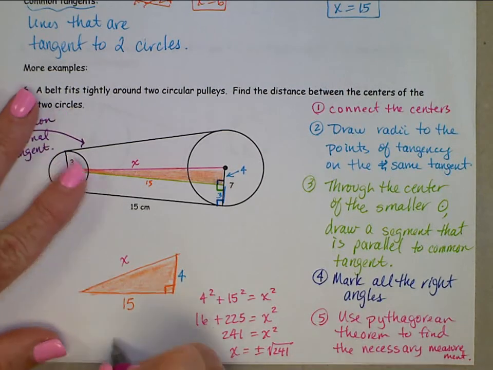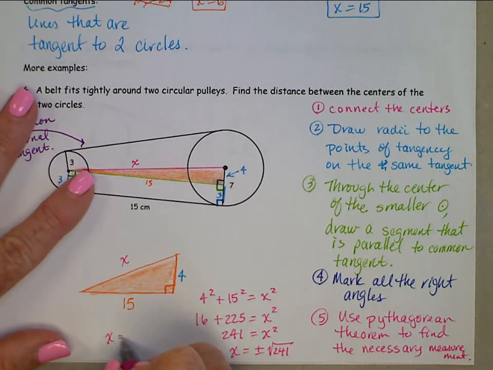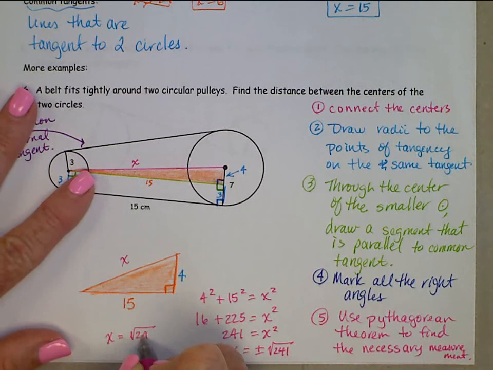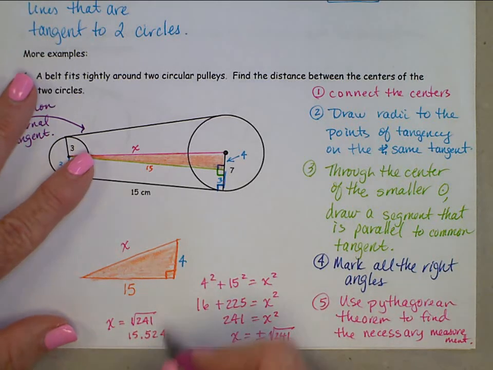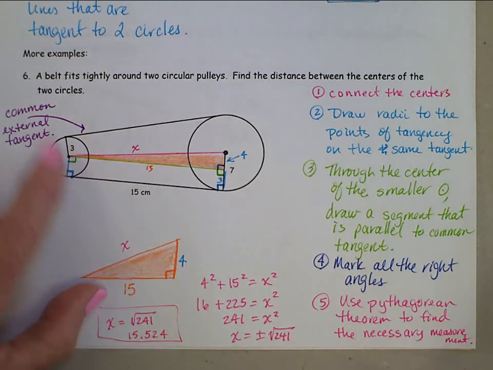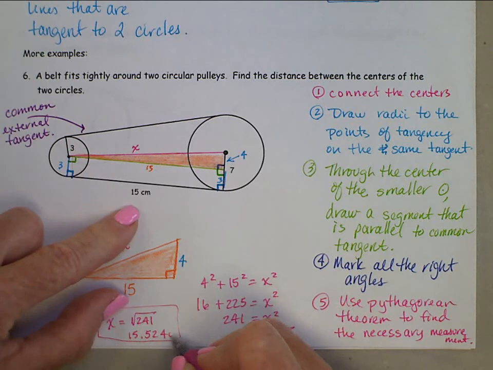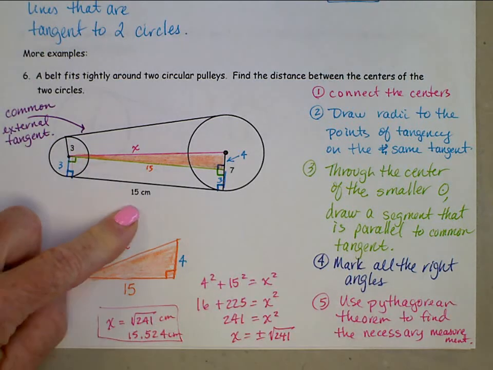So that distance x is the square root of 241 as an exact answer, or 15.524 for an approximation. That's it. There's the distance between the two centers. Oh, and centimeters. Here we go.